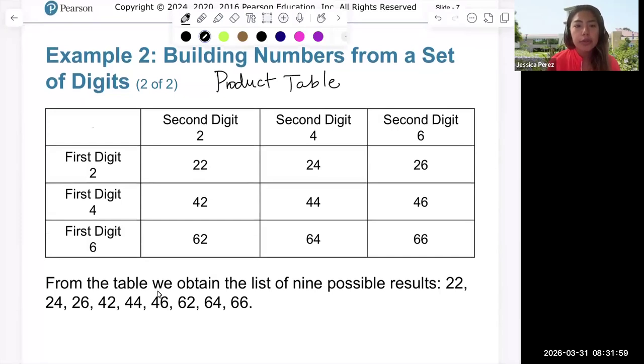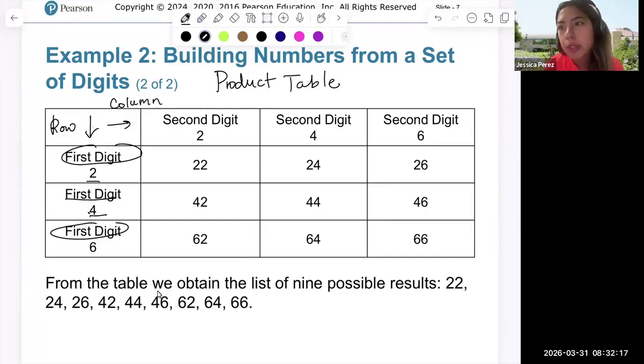So it's 9 results. Let's say the first digit is 2, or the first digit is 4. You have this row, so row and column: 3 options for rows, 3 options for columns. Then you create 2 and 2, 2 and 4, 2 and 6.